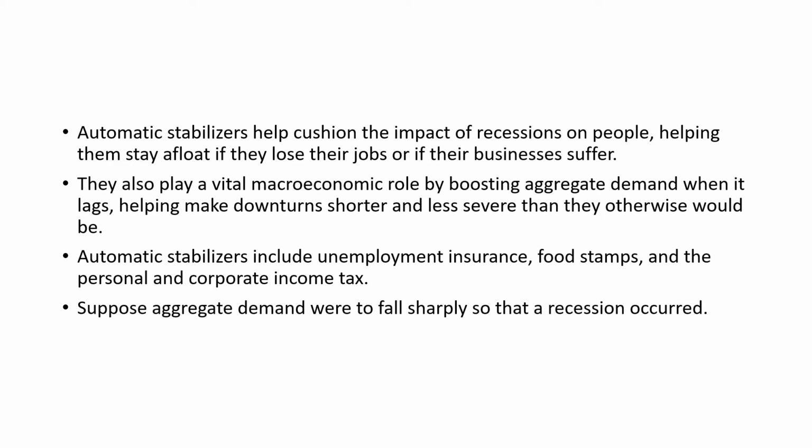Automatic stabilizers, whether in the form of taxes or transfer payments, would cushion the impact of recessions on people, helping them stay afloat if they lose their job or if their business suffers. They also play a vital macroeconomic role by boosting aggregate demand.